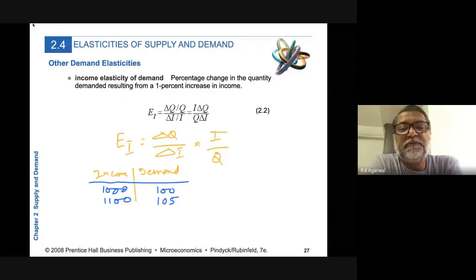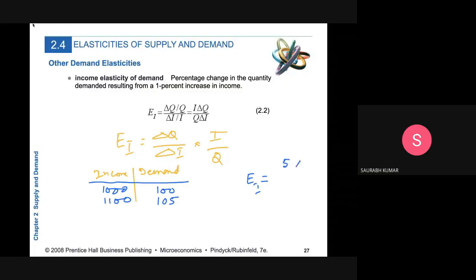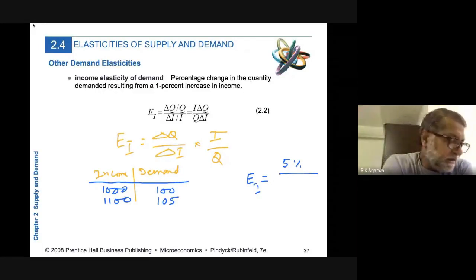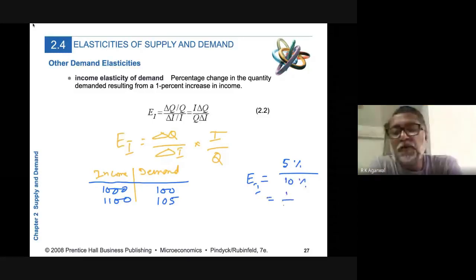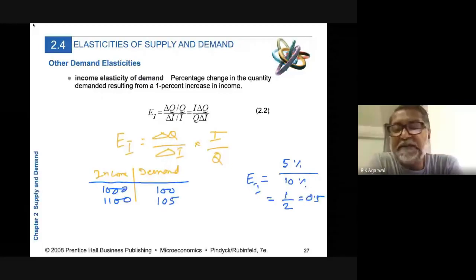So now we can find the percentage change in demand and the percentage change in income. The percentage change in demand is 5% because it has gone up from 100 to 105. The percentage increase in income is 10%. So this is equal to 1 by 2, so 0.5. What does it mean? A 1% increase in income will lead to a 0.5% increase in demand.